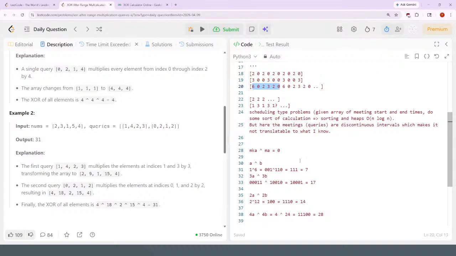Then I create some sort of repetition of 2 0 as the multiplier. So the multiplier is an array of future repetitions of multiplying factors. And then I see another query that says multiply by 3 every third. So I need to modify the 2 0 to become 6 0 2 3 2 0, and that becomes the new multiplying factors.